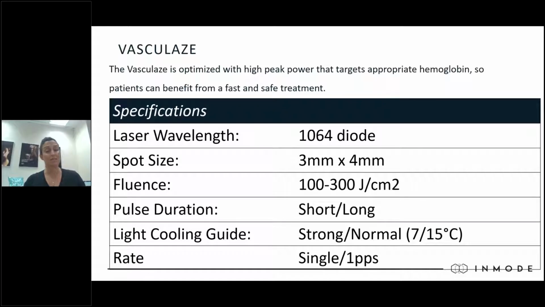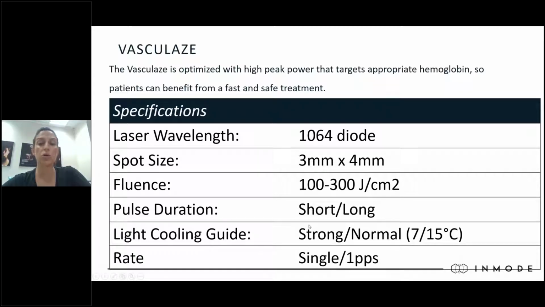A shorter pulse is more aggressive, and a longer pulse is more gentle and should be used when there's reason to be cautious.